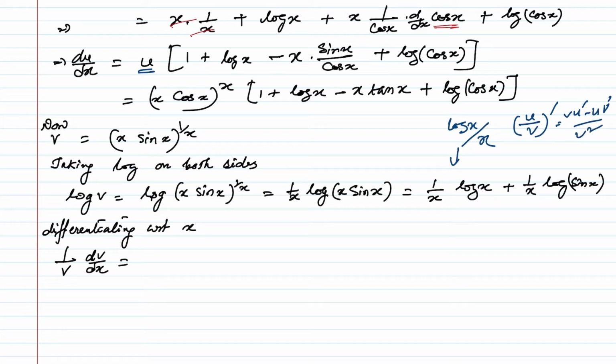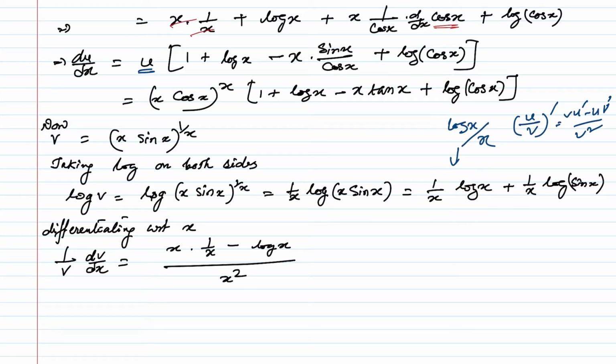If we apply this, we will get x times derivative of log x, that is 1 by x, minus log x times derivative of x, which is 1, and the denominator square is x square. Here this x is the denominator and the numerator is log x.